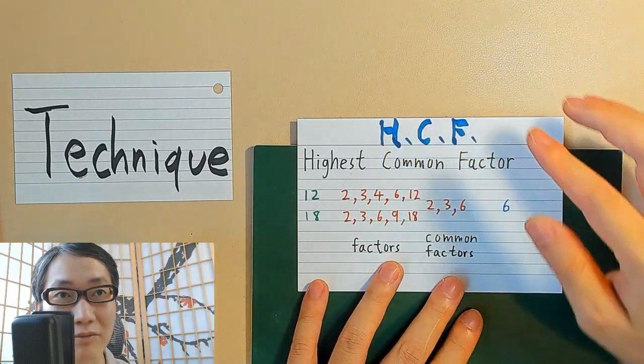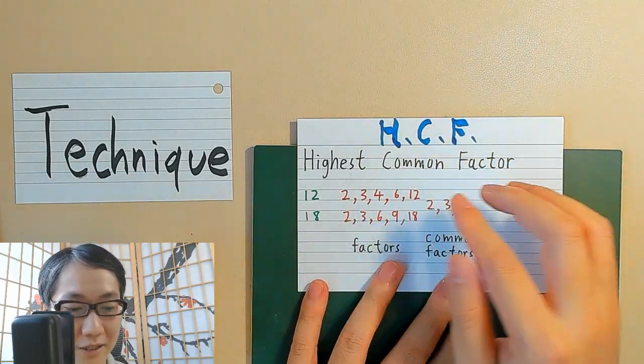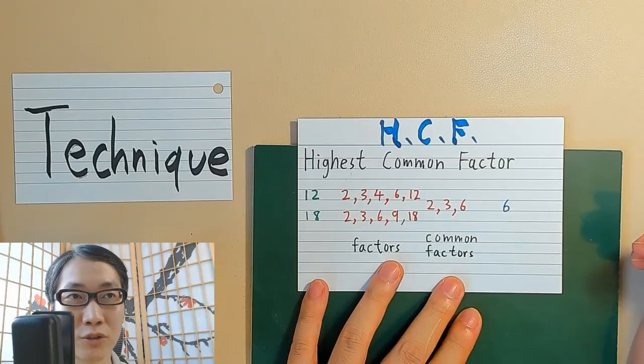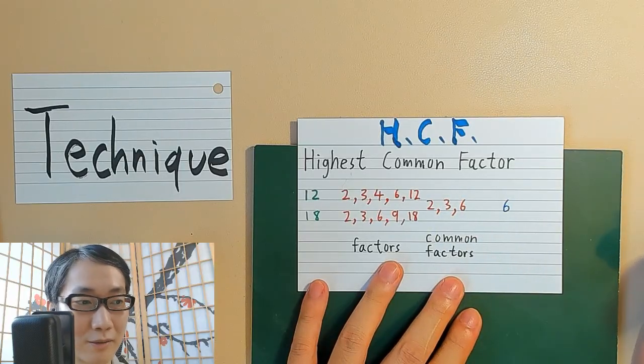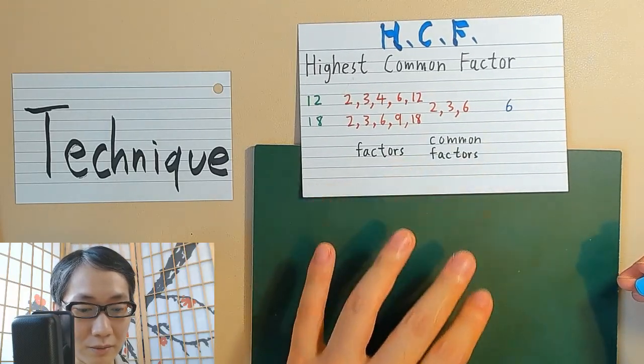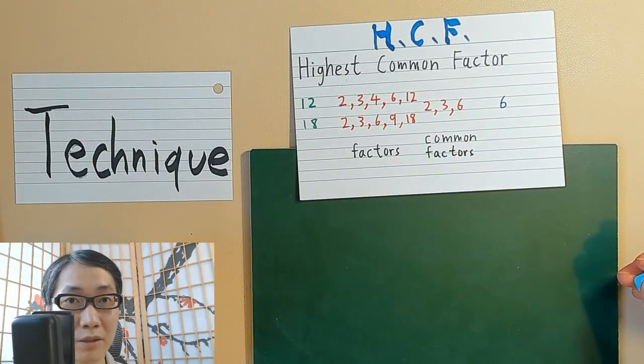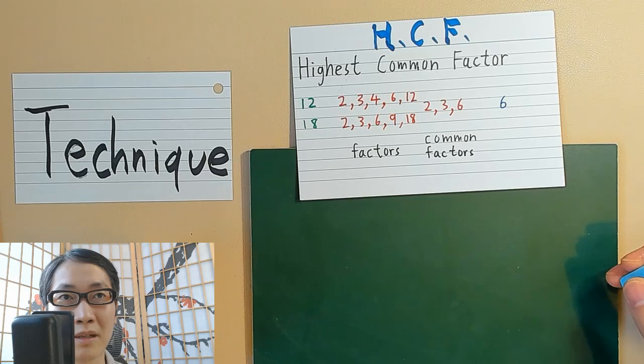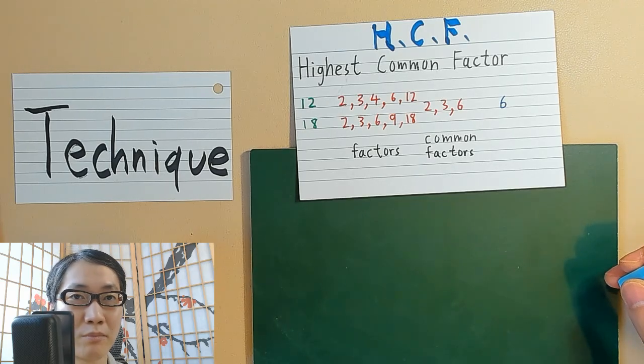HCF is short for highest common factor. So what are factors? Factors are positive integers multiplied together to form the number.